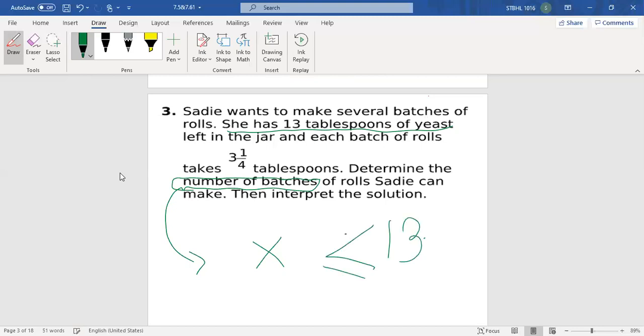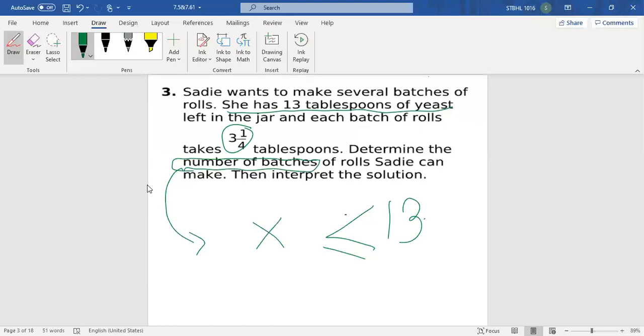So less than or equal to 13. Now each batch of rolls takes 3 and 1/4 tablespoons, which means 3 and 1/4 times x, or times the number of batches, is less than or equal to 13.